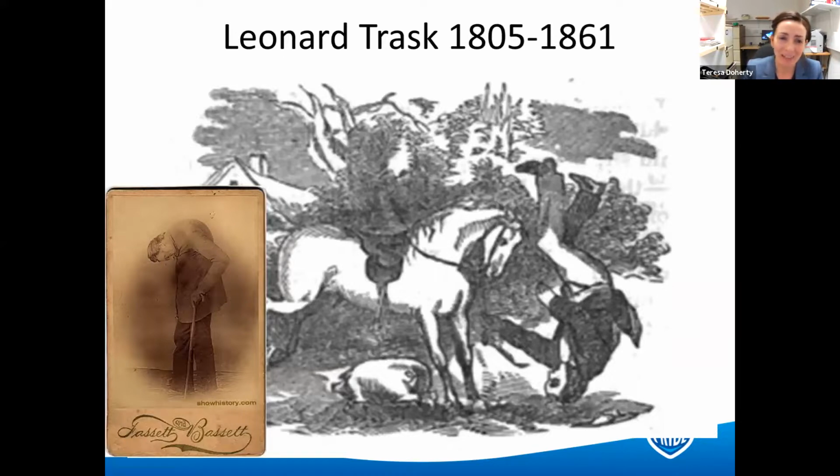Okay, so I really like this story. I find it heartwarming. Leonard Trask gave one of the first really comprehensive descriptions of untreated ankylosing spondylitis. Born in 1805, he had an accident in his early 20s when he was riding his horse. A pig ran under the horse, he fell off and he had extreme back pain afterwards.